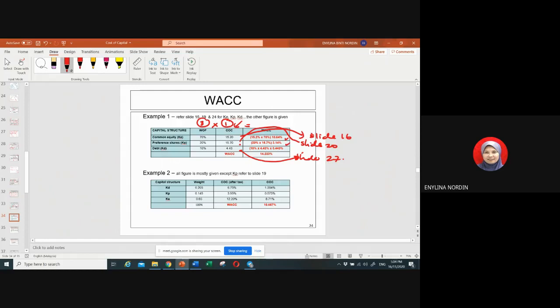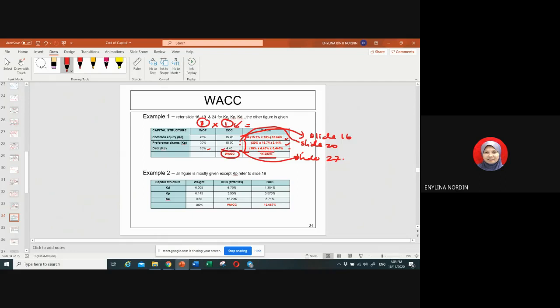For debts, the cost of debts is 4.43% and the weightage of financing is 10%, then you multiply and you get 0.443. Then you total up these three things and you get the total of 14.223%. So this is what we call WACC.